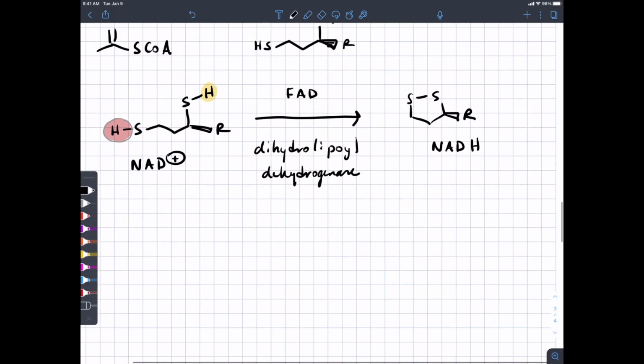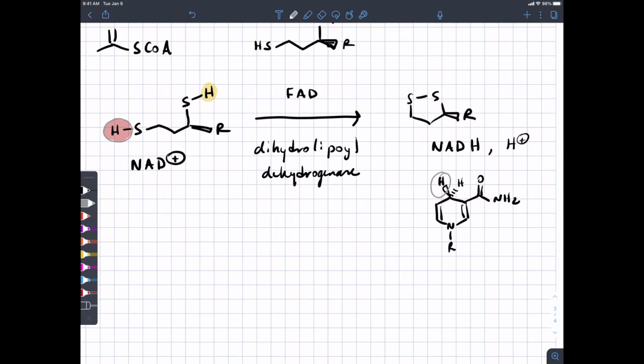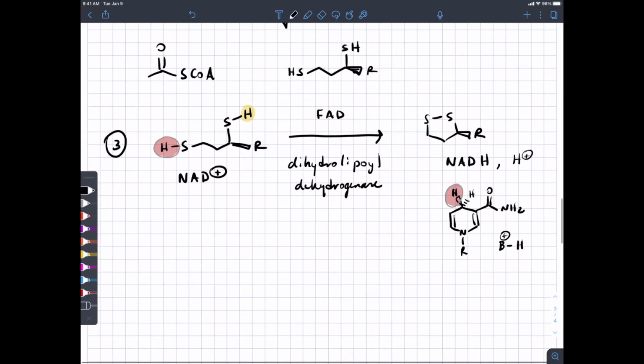And that hydride ends up on NADH. And then the proton ends up attached to some base. Okay? So we lose the yellow proton and the red hydride, and that's an oxidation reaction. And that regenerates our disulfide.